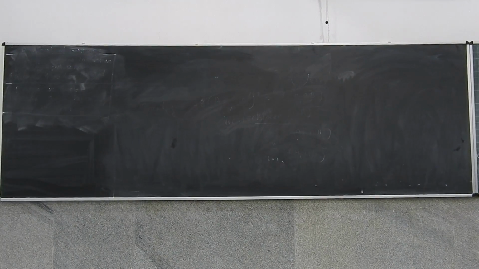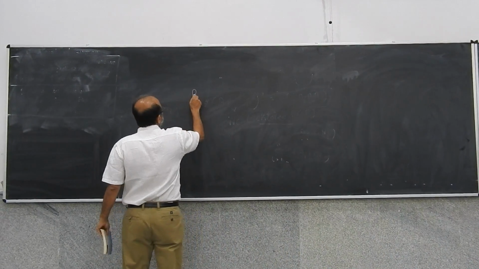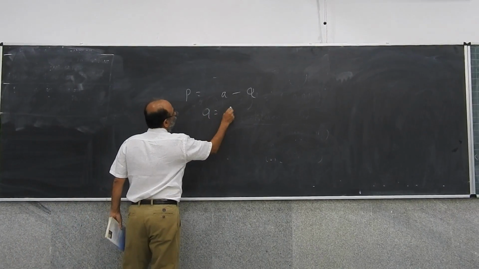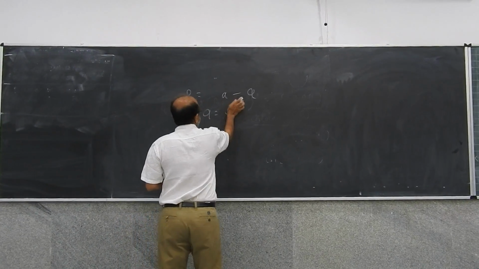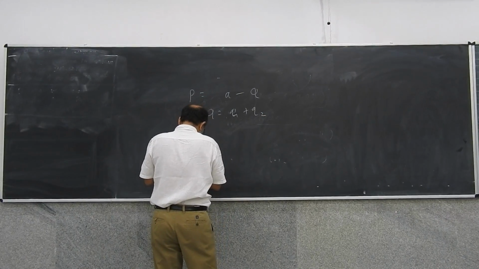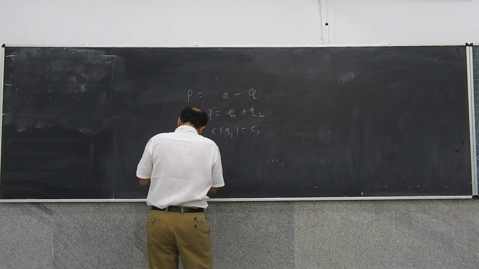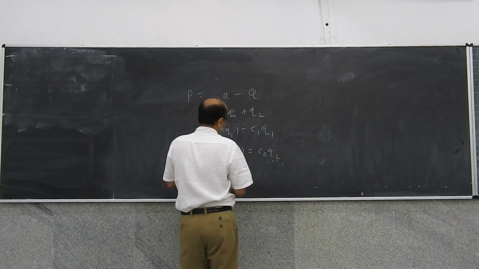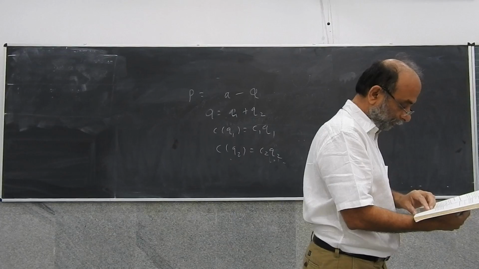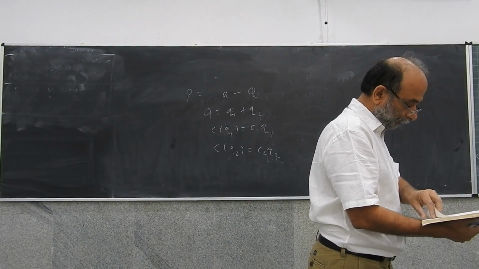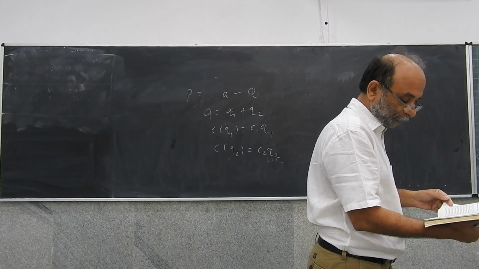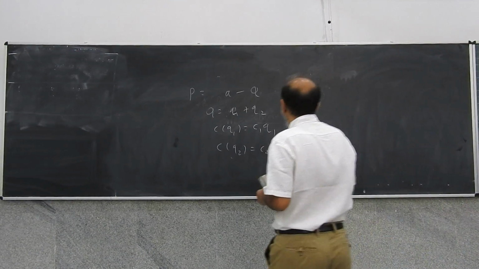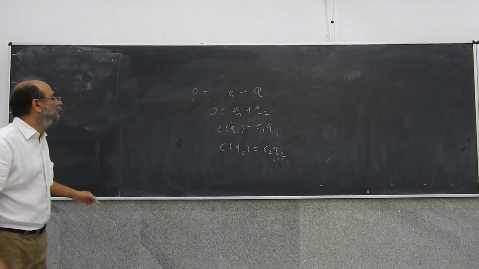So fine, let me think of a simple model. Price is A minus Q. Let's assume, for simplicity, that both these firms have constant marginal costs, C1 and C2.